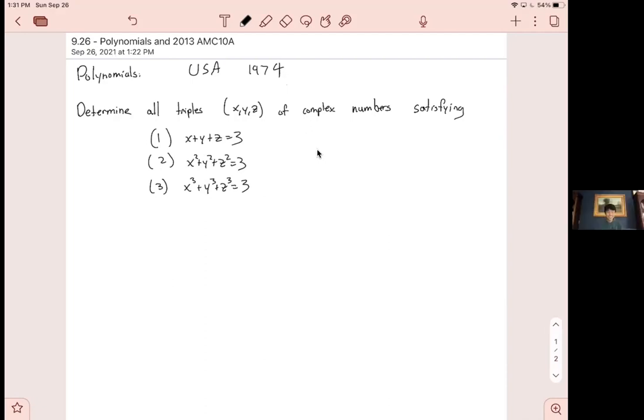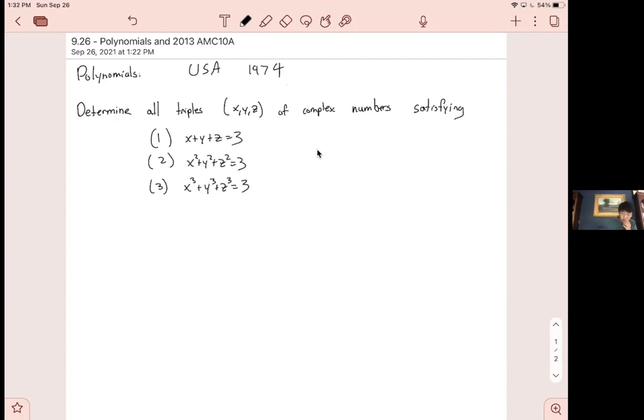Yeah, the obvious solution. I'm not sure how easy it would be to show that it's the only real set of solutions. But yeah, 1, 1, 1 is the obvious solution. Well, the tricky part about this one is the complex numbers part. But yeah, okay.